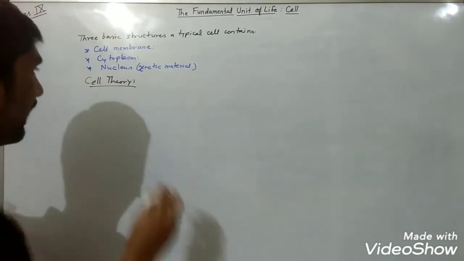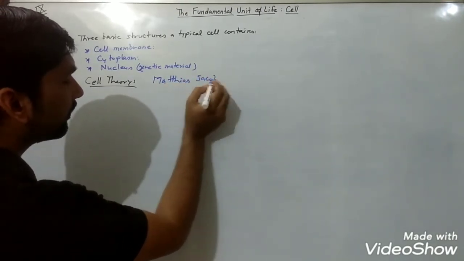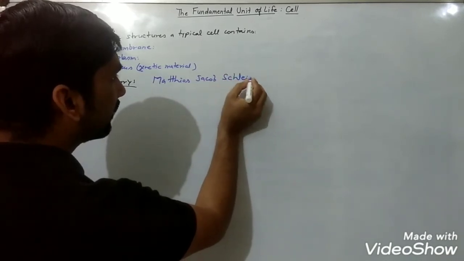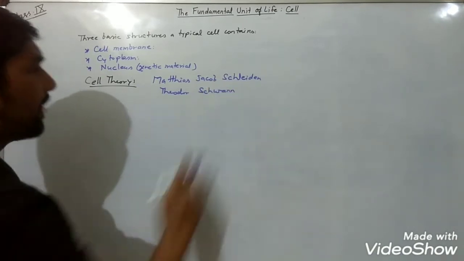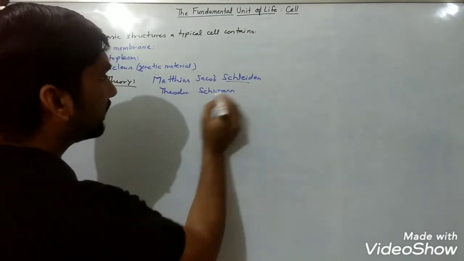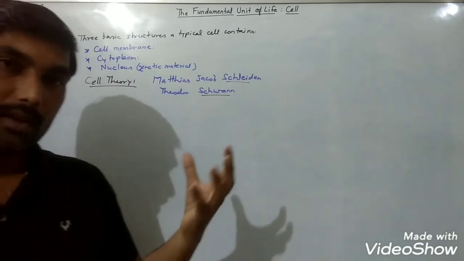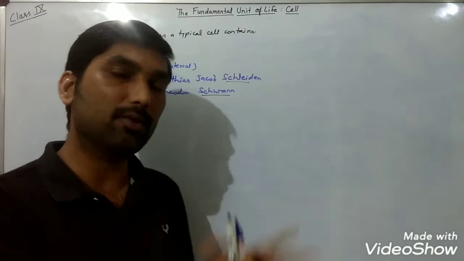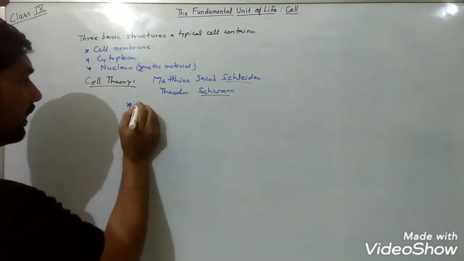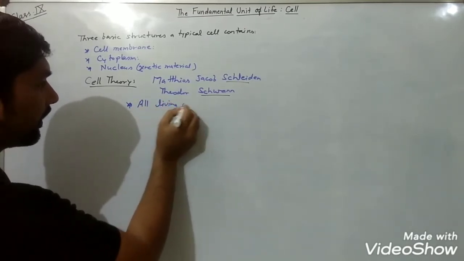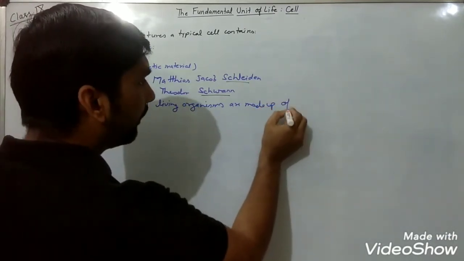So the two scientists, Matthias Jacob Schleiden and Theodor Schwann, proposed a theory that is known as cell theory, based on their studies on the cell, and they proposed that all living organisms are made up of cells.